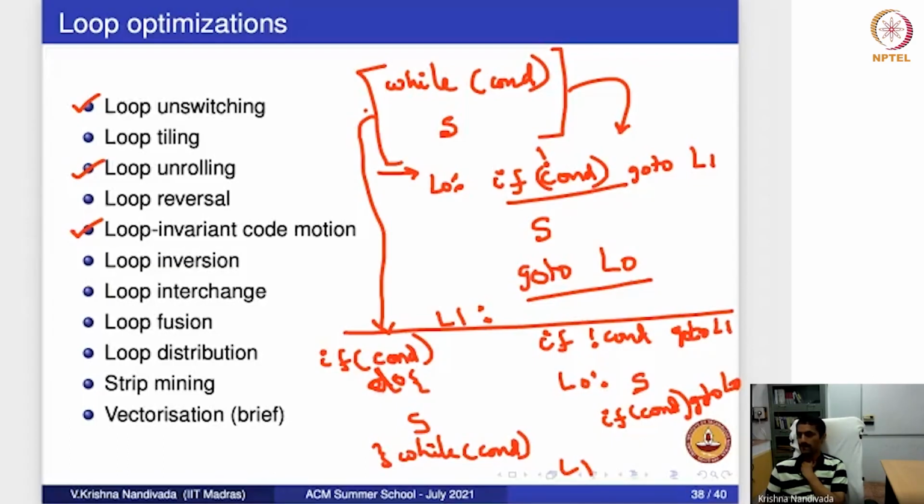This is the loop, right? Only one. I had two here. So I reduced the conditional jumps and the jumps to only one. There is only one conditional jump here.